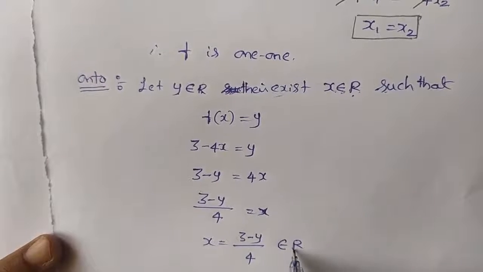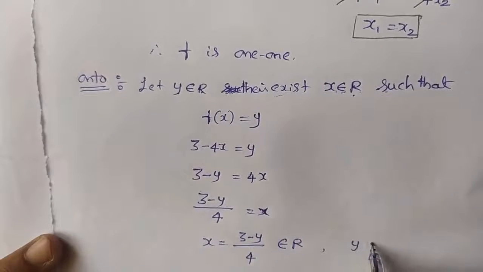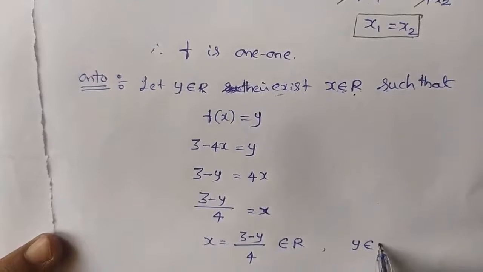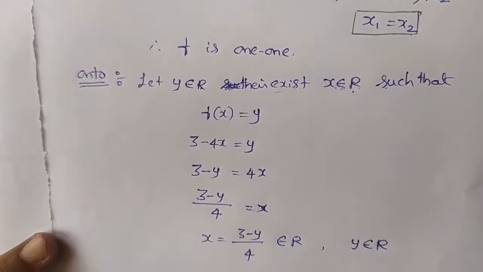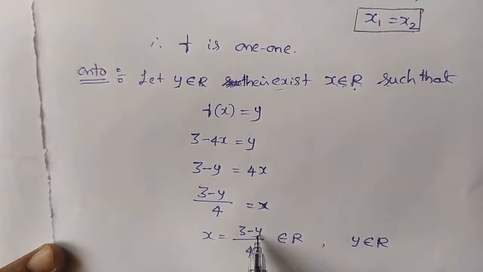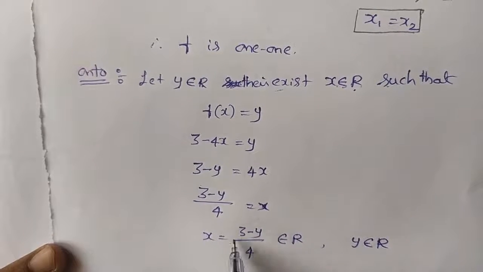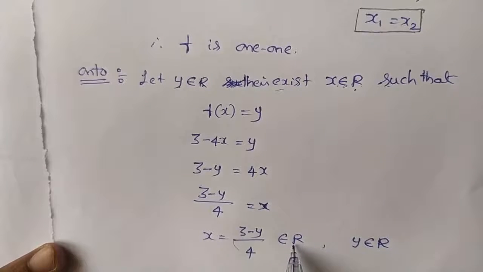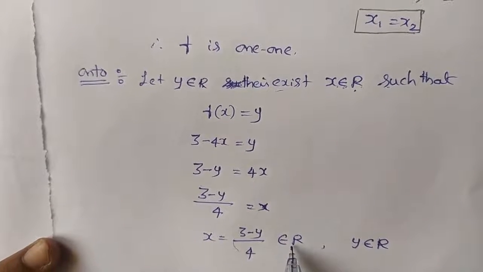Is this an element of real numbers when we put y values belonging to the real numbers? If we take real numbers in place of y, after the simplification, shall we find again real numbers? Yes.